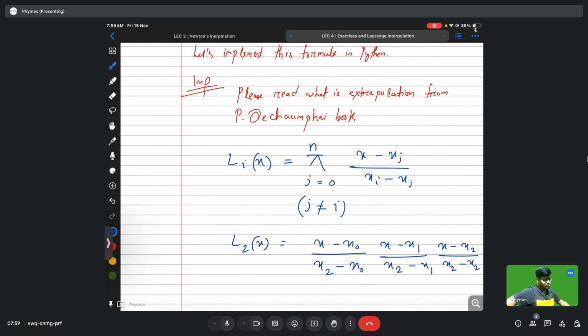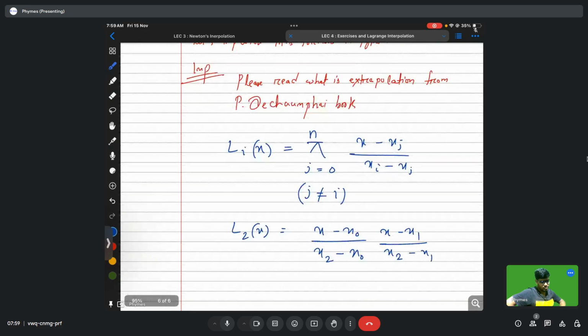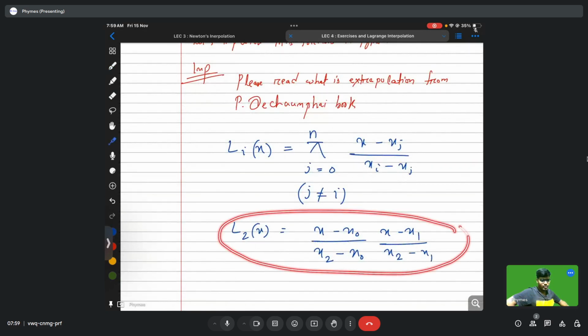So here you see that j equal to i is not allowed, right? For this term here, j is becoming equal to i, meaning the value of j is 2 and the value of i is also 2. So this term is not allowed. Hence the value of L2(x) will be this, right?